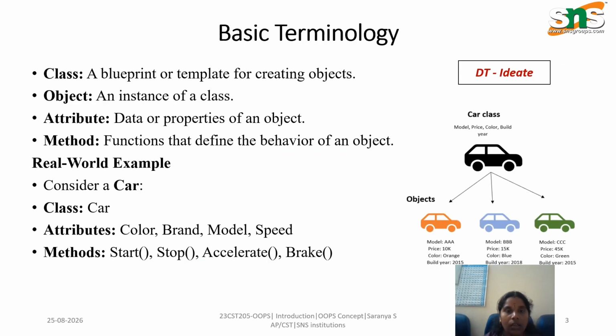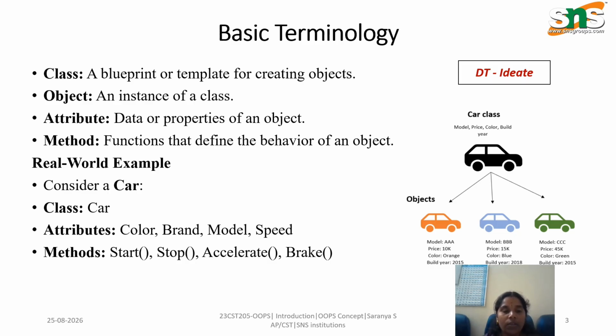And then the basic terminologies of object-oriented programming are here. A class is a blueprint or template for creating objects. An object is an instance of a class. An attribute is nothing but the data or properties of an object, and a method is a function that defines the behavior of an object.